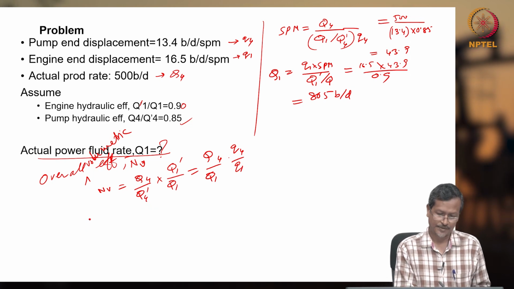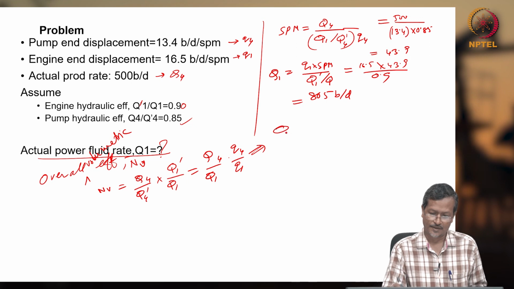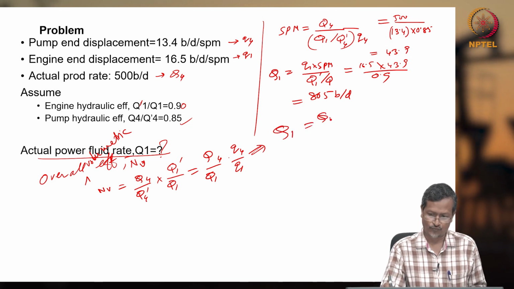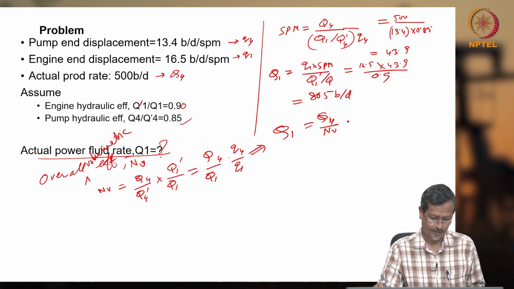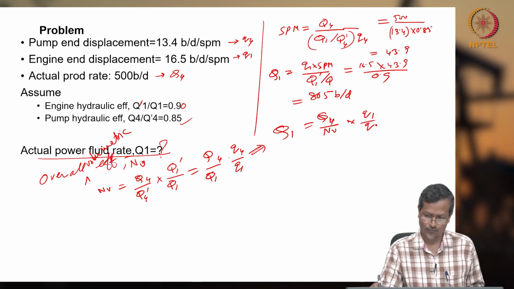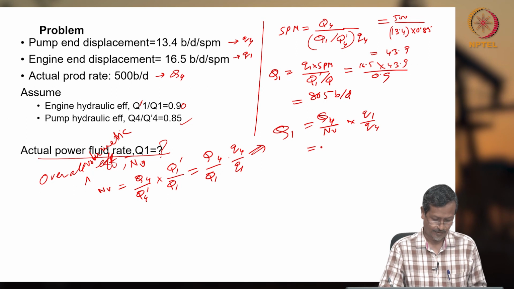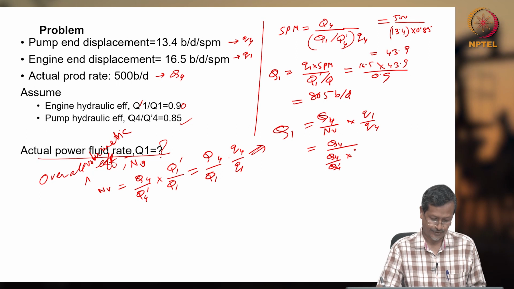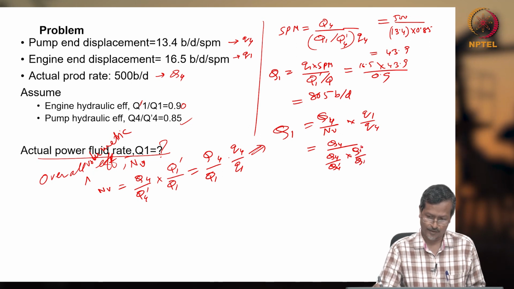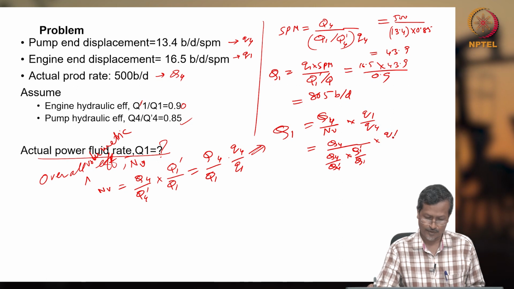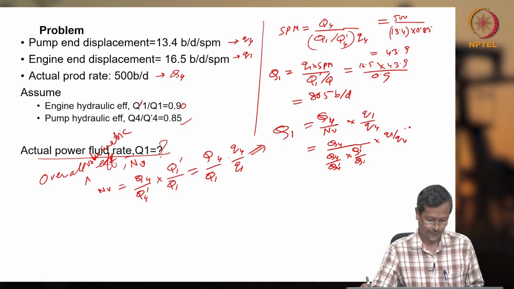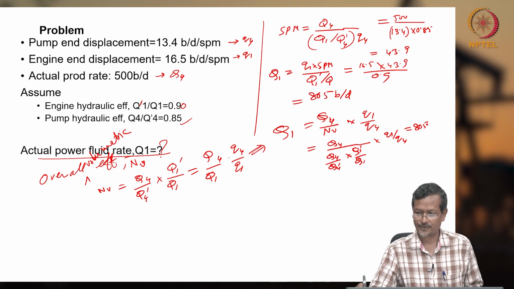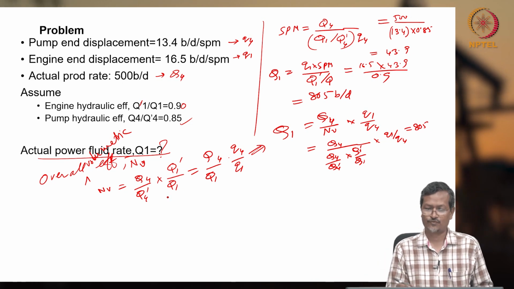So from this formula, Q1 equals Q4 divided by NV, into q1 by q4. With 500, Q4 dash, Q1 dash and Q4, finally this becomes 805. You get the same result, you can use any formula.